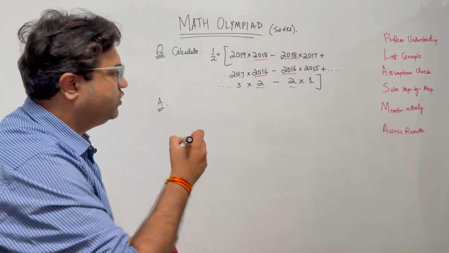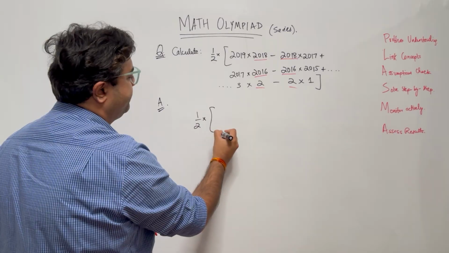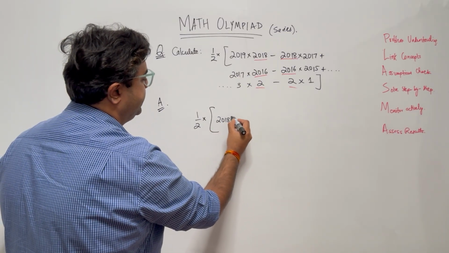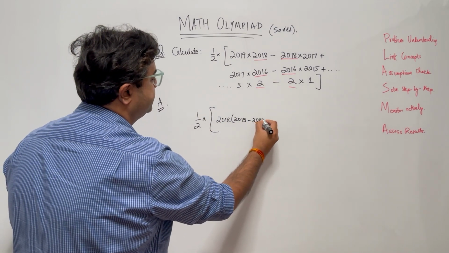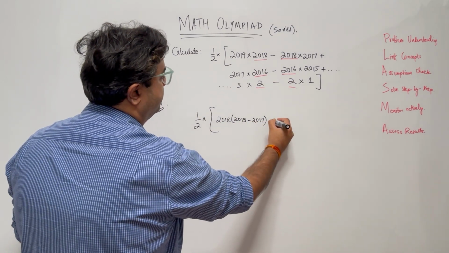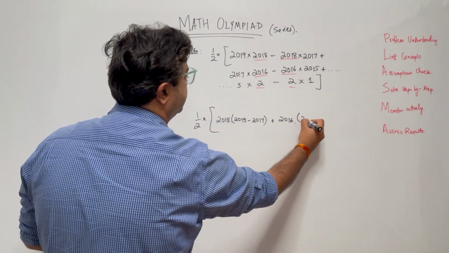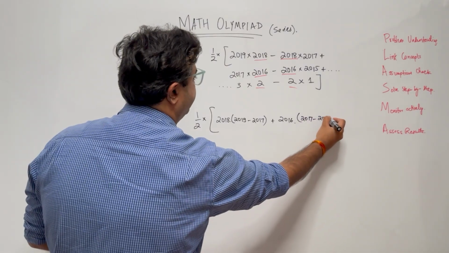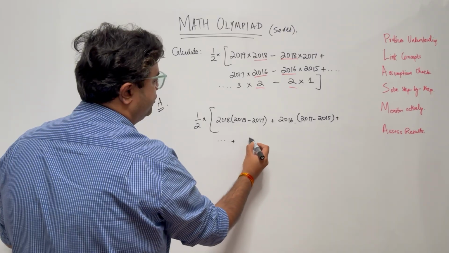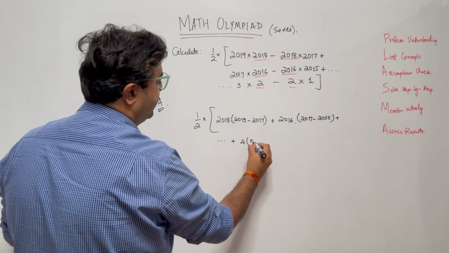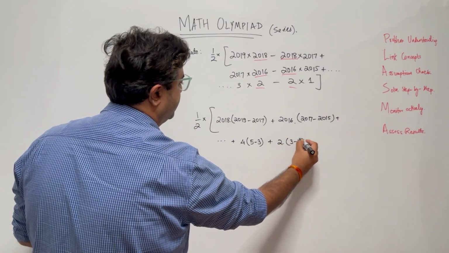Okay, so eventually it will be half times 2018 multiplied by 2019 minus 2017 plus 2016 times 2017 minus 2015 plus, and this will go up to 4 times 5 minus 3 plus 2 times 3 minus 1.